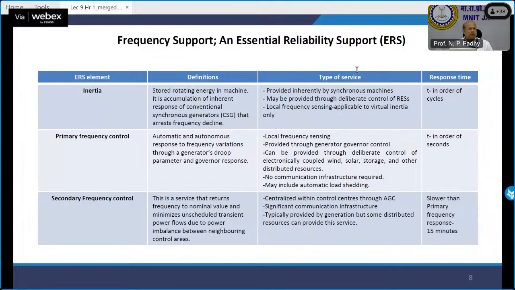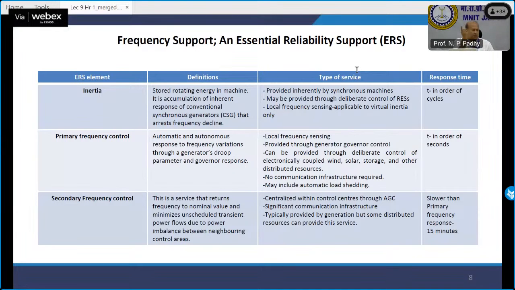So what we wanted to highlight, as I told you, whenever there is 4 megawatt of load increase, my frequency will drop from 50 hertz to 49.8 hertz, assume, or 49.95. So when the inertia energy is made available, then my frequency becomes 50 immediately.